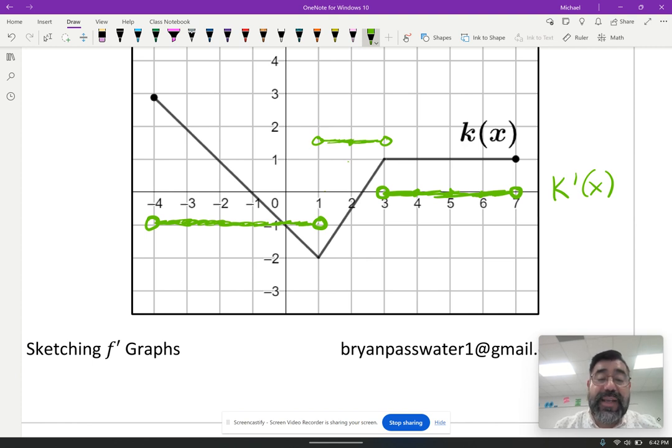The slope is the same here from 1 to 3. My y values of the derivative are the same here. And the y value is 1.5. That's the slope in this interval. And then after 3, my slope is 0. The y values of the derivative graph are 0. The y values of K prime represent the slopes of K.